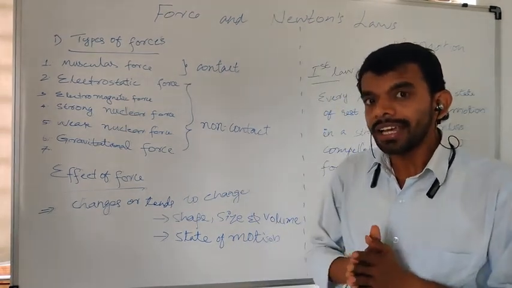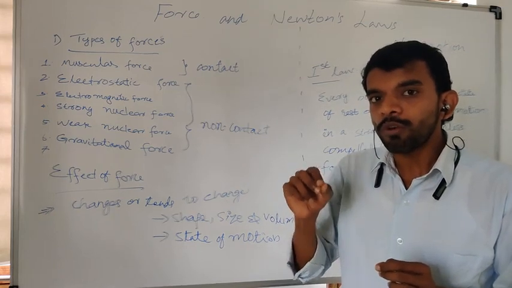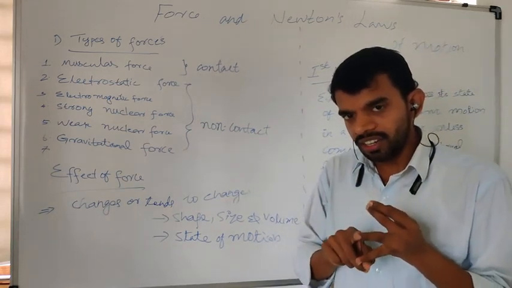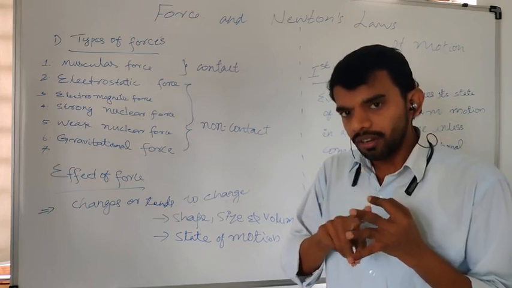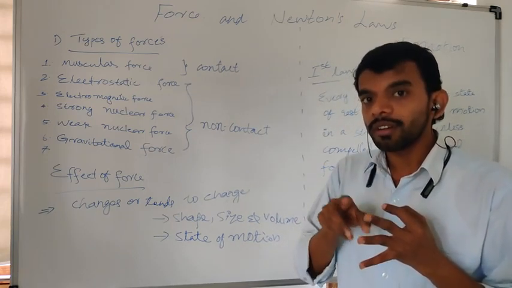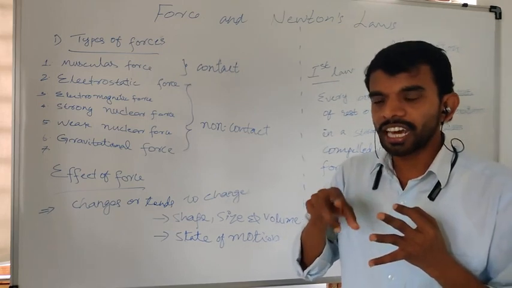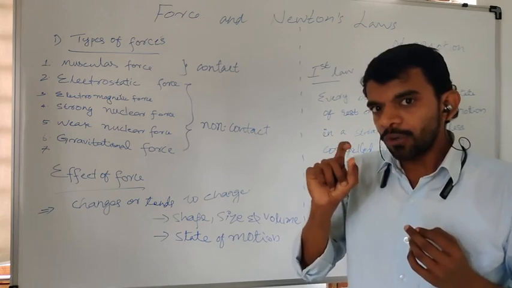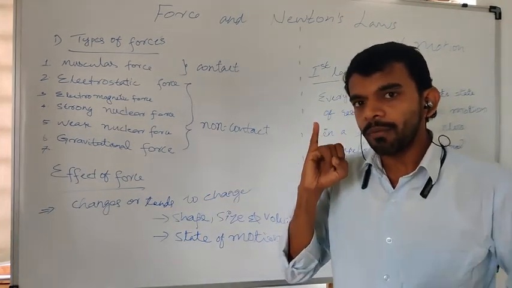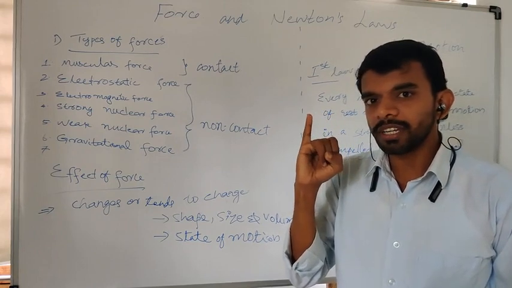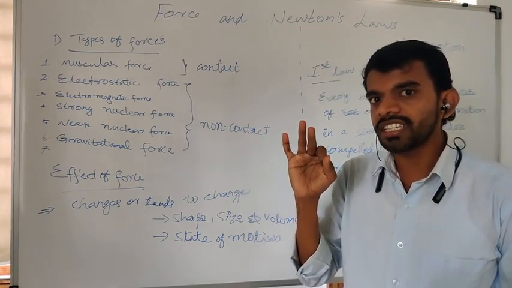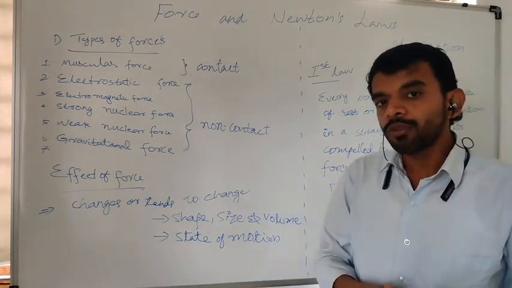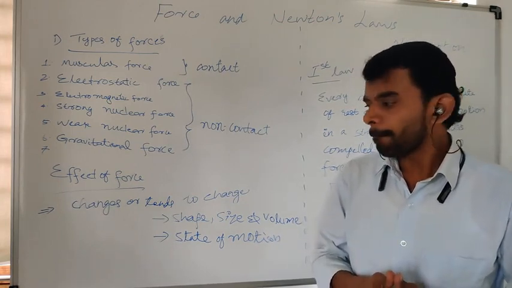We can change the state of motion of a body, meaning we can increase the speed, decrease the speed, or change the direction of motion of the body. So the state of motion of a body is changed when it increases its speed, decreases its speed or changes its direction by applying force.